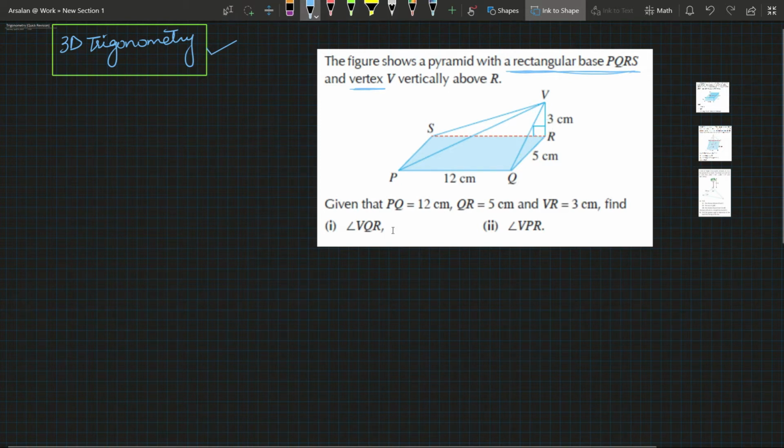So what we need to find, lengths are given, lengths are mentioned on the diagram as well. We have PQ 12 centimeters, QR 5 centimeters, and VR 3 centimeters, and we need to find angle VQR. Now if you look at VQR, this is V, this is Q, and this is R. So let's make it a separate triangle.